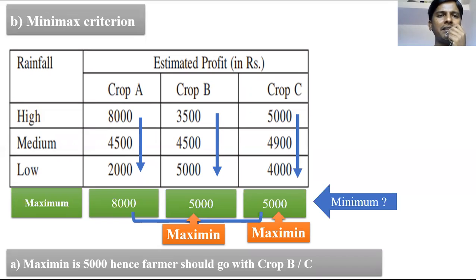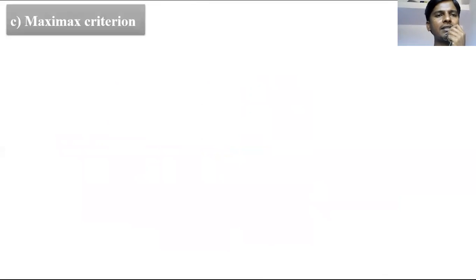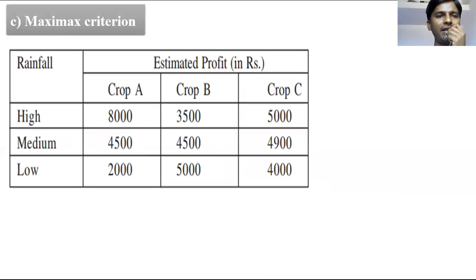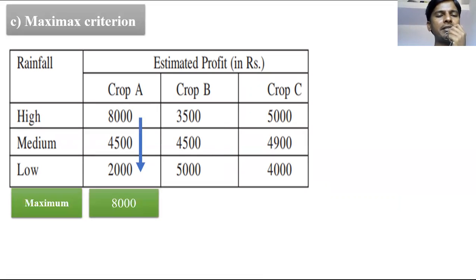The third criteria which they have asked is maximax. Maximax means maximum of the maximum. So first we have to find the maximum estimated profit for the respective crop. For crop A, the maximum estimated profit is 8000.